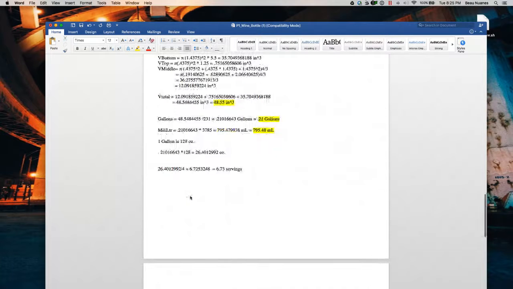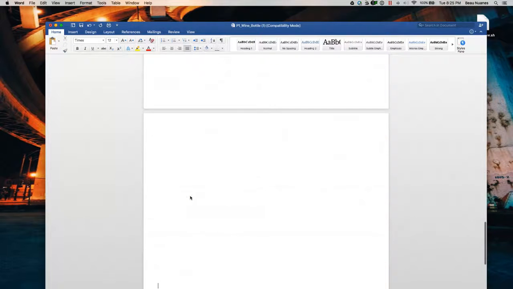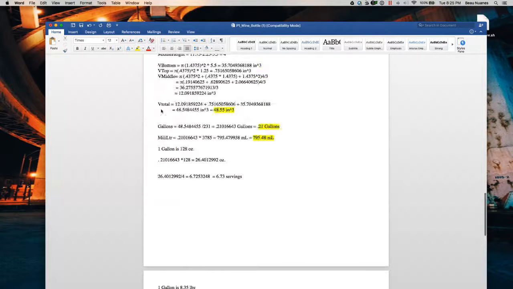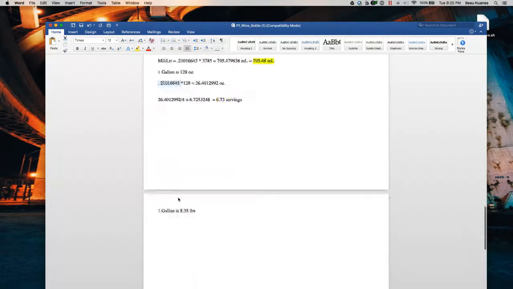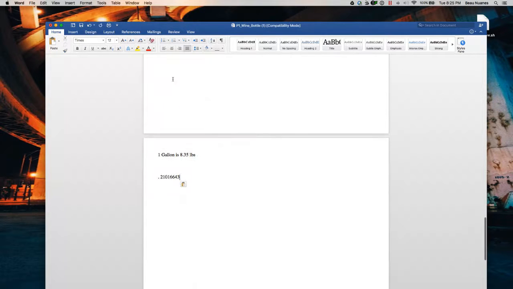Okay, I'm going to do this last piece here so you can see it all the way. Now we want to figure out the weight. For that, I use this conversion factor: 1 gallon is 8.35 pounds. Some places say 8.34. I'm going with 8.35. If you use 8.34, just make sure that you say that in your calculations. So we have the gallons again, which is this, and 1 gallon is 8.35 pounds.